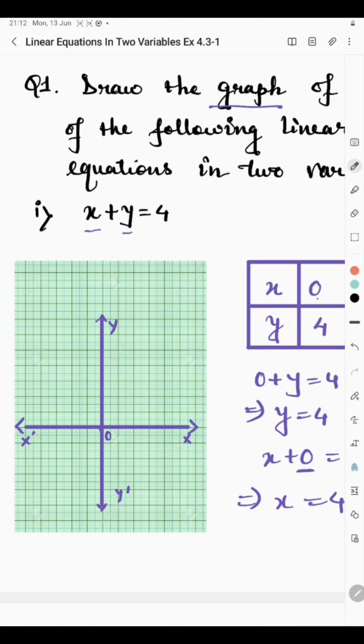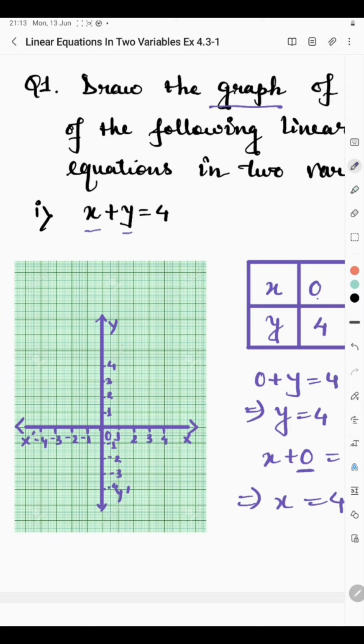Okay, now the right side of the origin is all positive, so 1, 2, 3, 4. The left side of the origin is all negative, so minus 1, minus 2, minus 3, minus 4. The upper part of the origin is all positive, so 1, 2, 3, 4. The lower part of the origin is minus 1, minus 2, minus 3, minus 4.